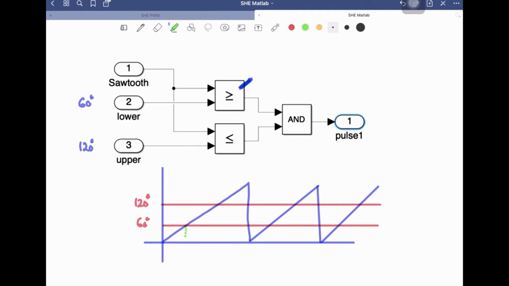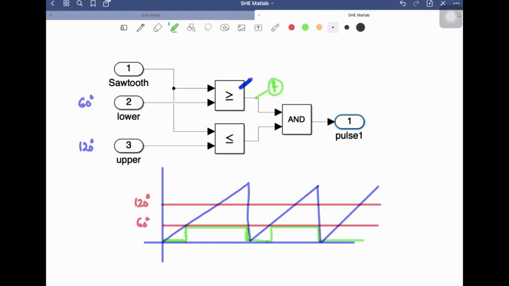So up to this point, the sawtooth waveform is lesser than the 60 degrees, so it will be 0. And at this point, the output will go to logic high. Over here, it is going to become 0 again, and then it is going to become logic high. So this is the output at this point. Let me mark it point 1.